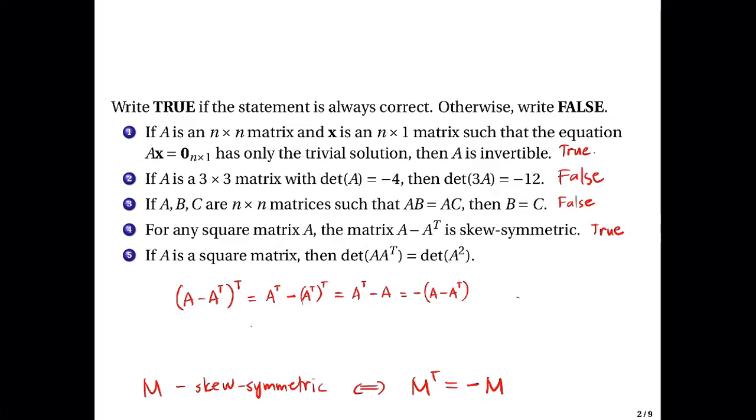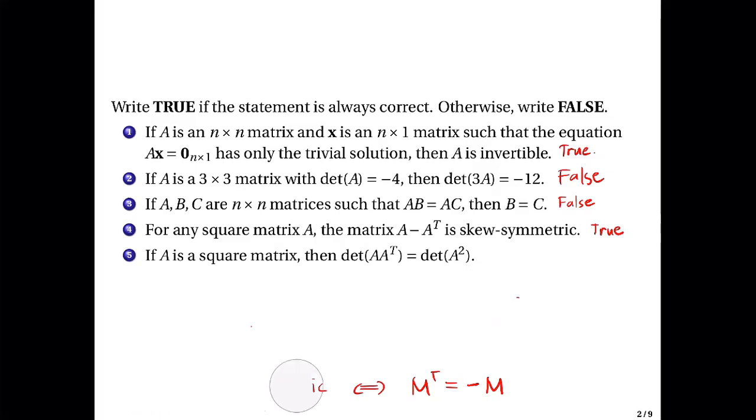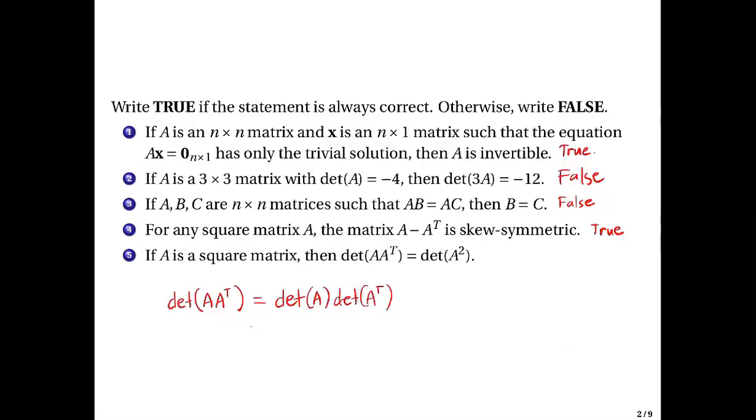For this, we just need to use properties of determinants. The determinant of A transpose is equal to the determinant of A times the determinant of A transpose. But the determinant of A transpose is the same as the determinant of A, correct?